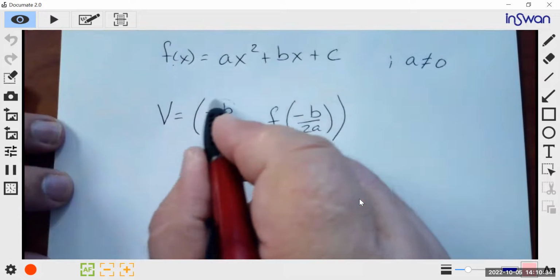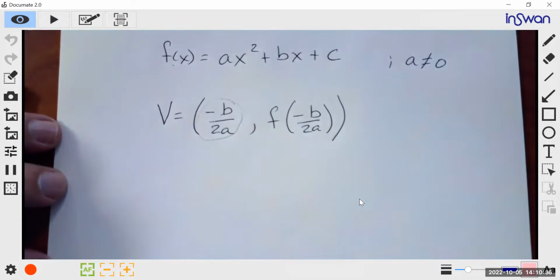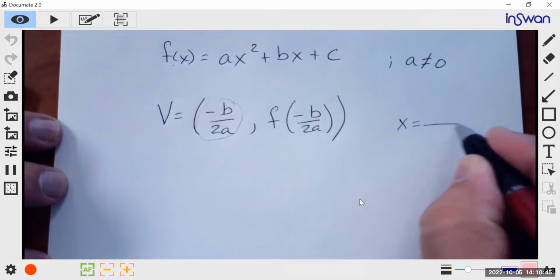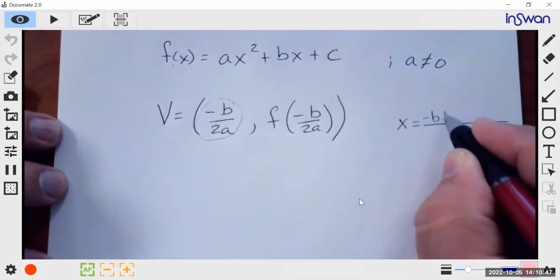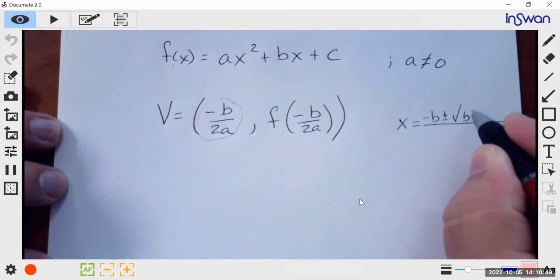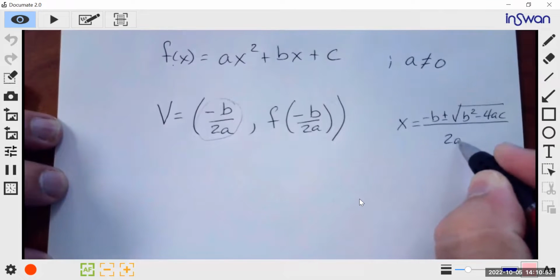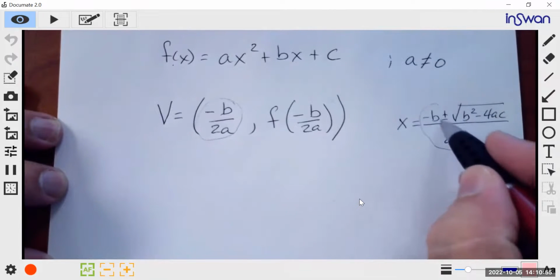Have we seen negative b over 2a anywhere before? Right there.